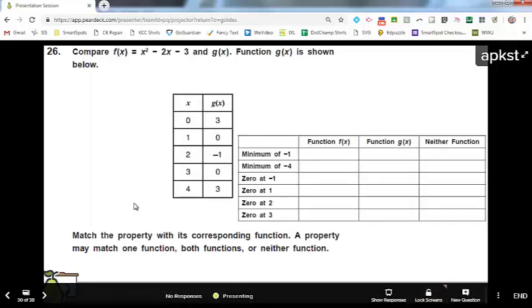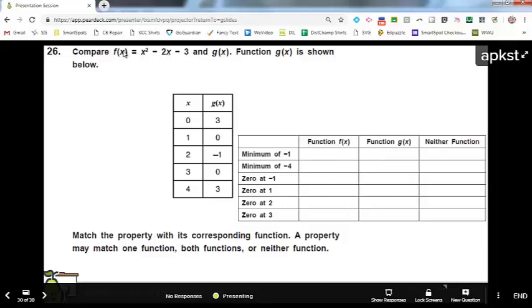All right. Compare f of x is equal to x squared minus 2x minus 3, and g of x, and they want you to place a check mark, a dot, whatever you want to, in the columns based on these two things.